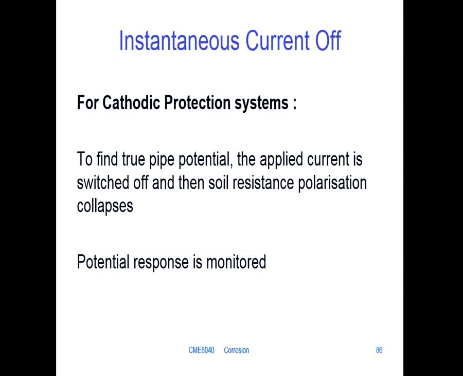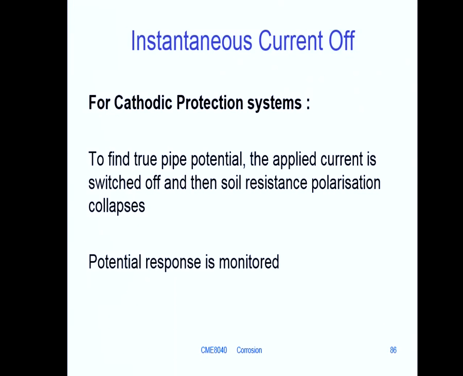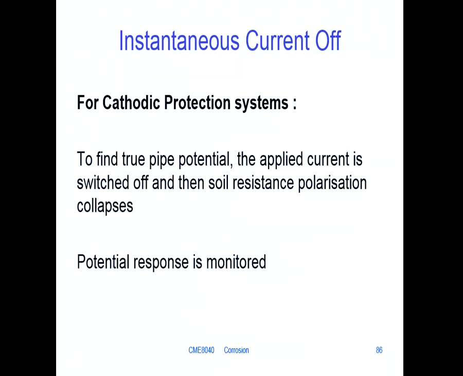And so there is what they call an IR drop in cells, which means that the actual potential on the component compared to the apparent potential on the component is slightly different. And that's because of the polarization effects in the cell. And the way to check what's happening is to instantaneously switch off the current.